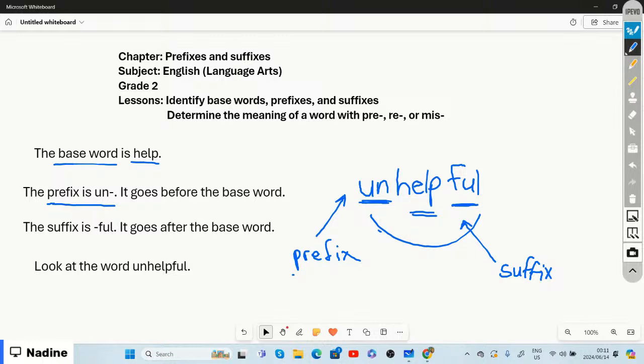Unhelpful means that you are not being helpful. Help is when you are assisting someone, you're offering your services to someone, you are helping someone. But if you're being unhelpful, then it means that you are not being helpful. It's like the opposite of helpful, the opposite of helping.